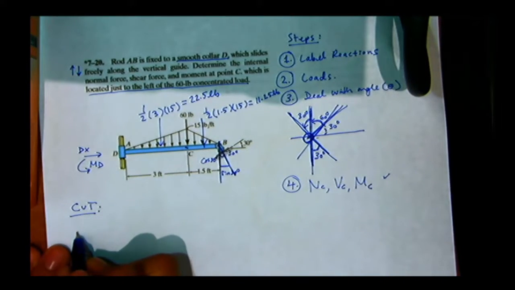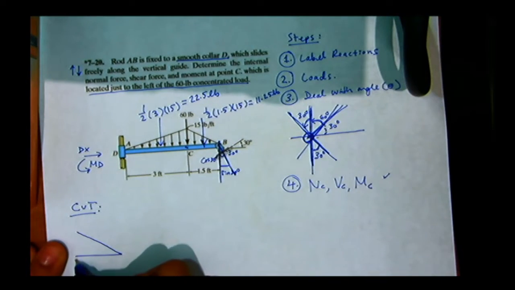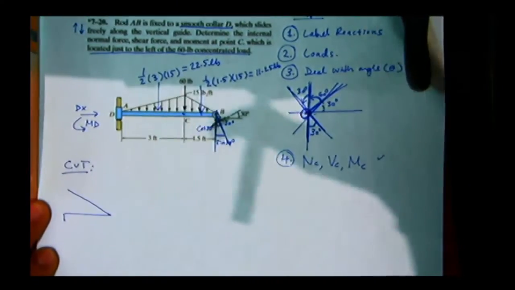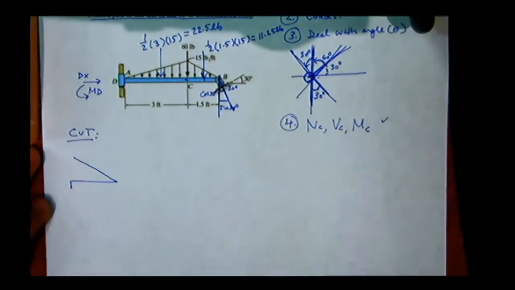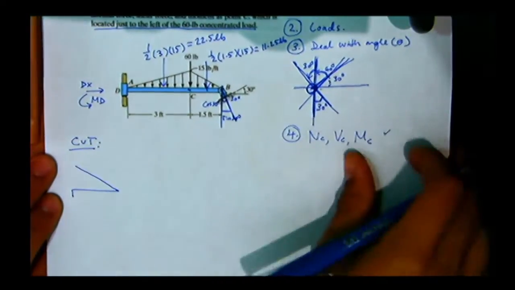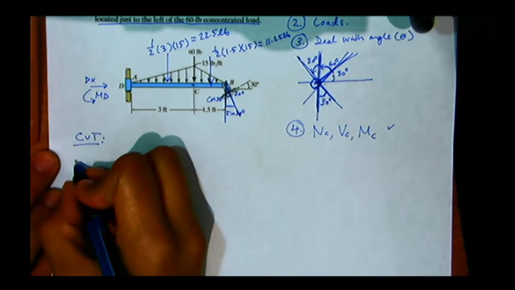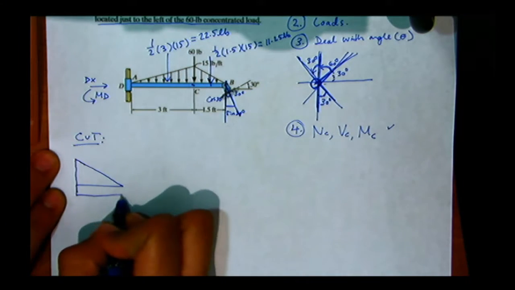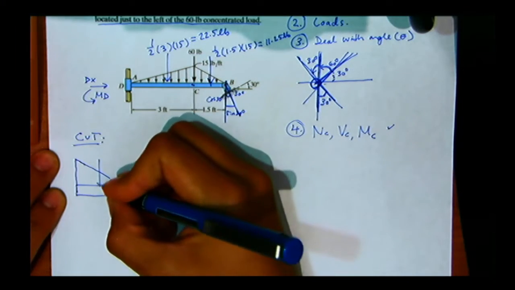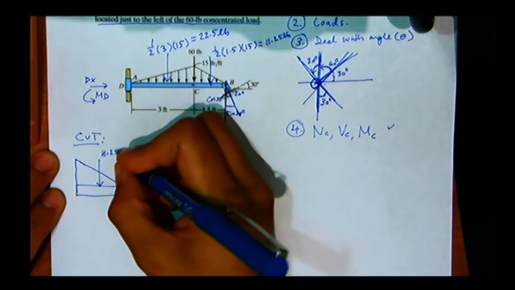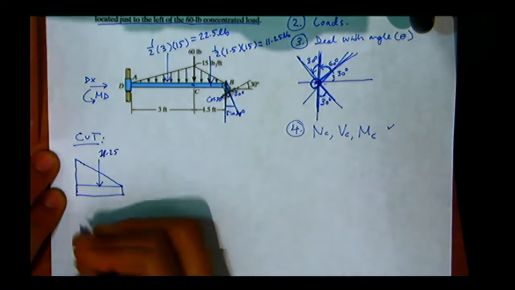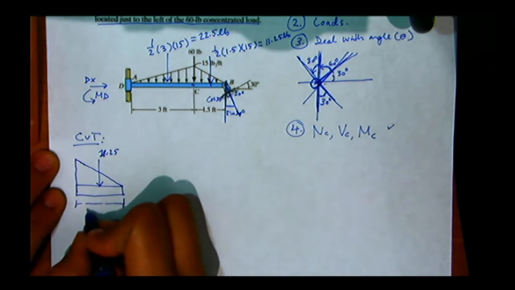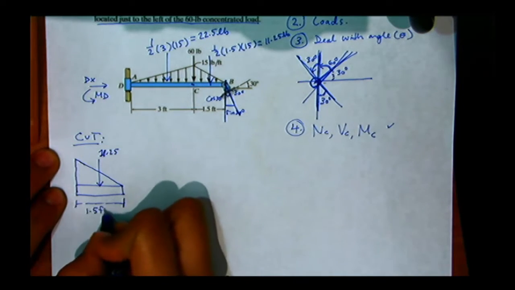We already figured it out. A length of 1.5. And we know that this, I'm going off of this, is b sine of 30. And this is going to be b cosine of 30. Okay, and we are going to incorporate the 60 pounds.